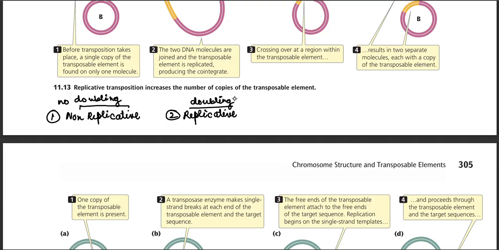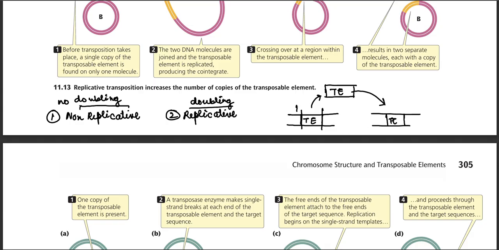So what happens basically? When I talk about the non-replicative way, if this is your transposable element, it will simply cut itself from here and move to a new place and be fitted there. But in the replicative way, this particular transposable element will remain here. It will generate one more copy of the transposable element, meaning it will do the replication, and then this new copy will be inserted here.